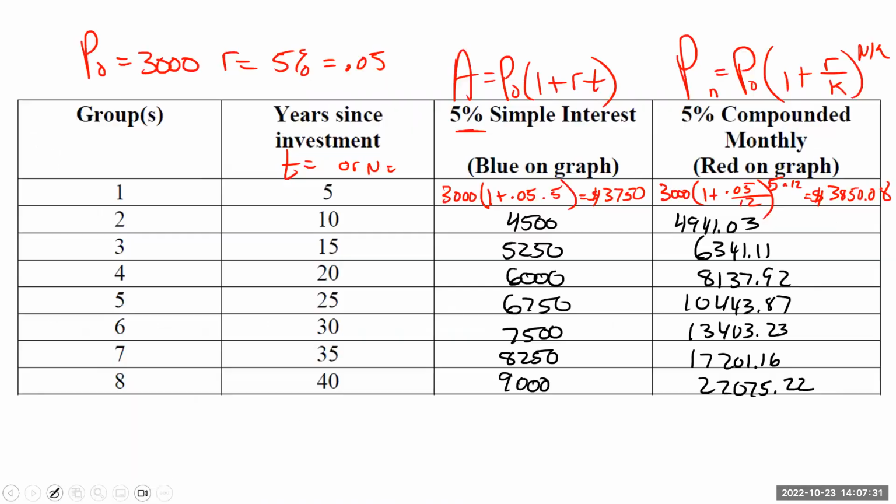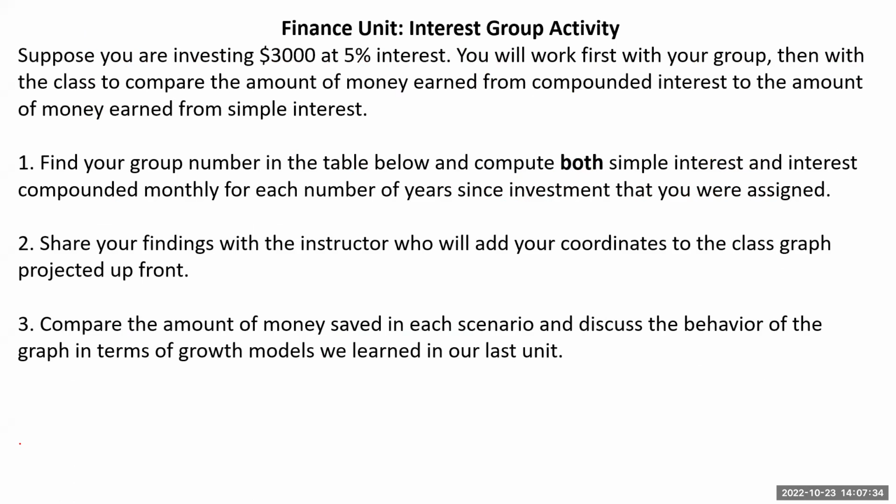So let's go back here to the direction page where it says number 3, compare how much money was saved in each scenario and discuss the behavior of the graph in terms of growth models we learned in our last unit, or unit number 2. So in our case, we have simple interest. Notice that this grows in a linear pattern.